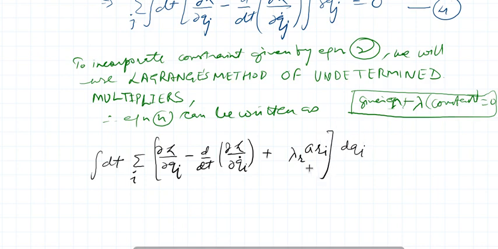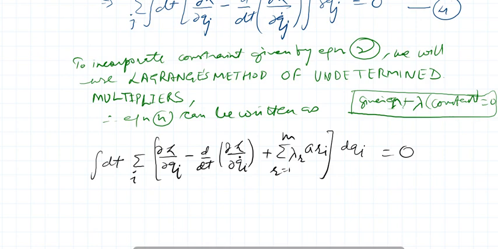That's what we will do here, and this must be equal to 0. So this is Lagrange's method of multipliers, and here r varies from 1 to m, because m number of non-holonomic equations are there. So that means we have to determine this lambda r. So this is the Lagrange's method of undetermined multiplier.